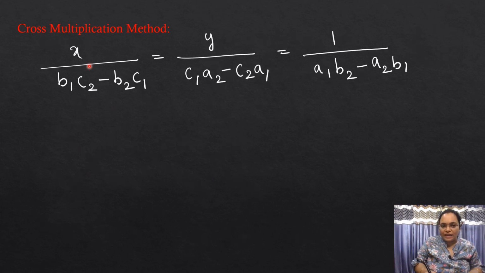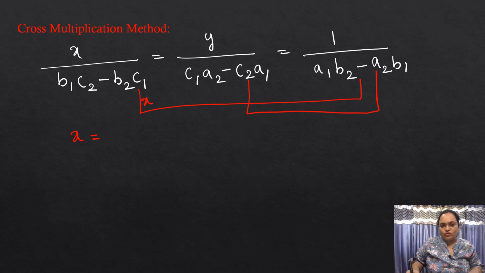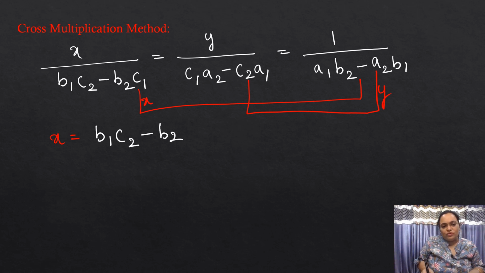If you want to find the value of x, you will take these two and find the value of x. You will take these two and find the value of y. So x is equal to B1 C2 minus B2 C1 divided by A1 B2 minus A2 B1.